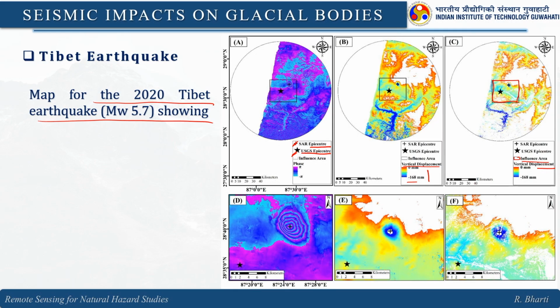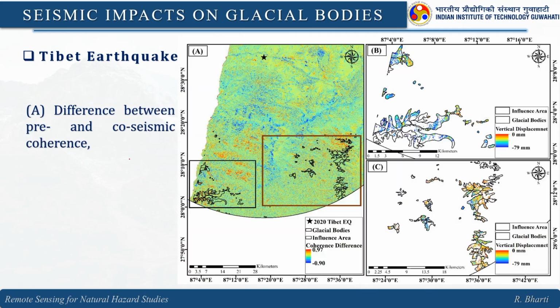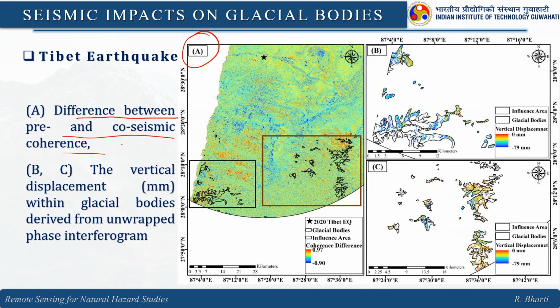Here A represents the difference between pre and co-seismic coherence, and you can see the coherence difference is between minus 0.9 to 0.97. In B and C, the vertical displacements are given for the glacial body. So, here you can see the range, right.